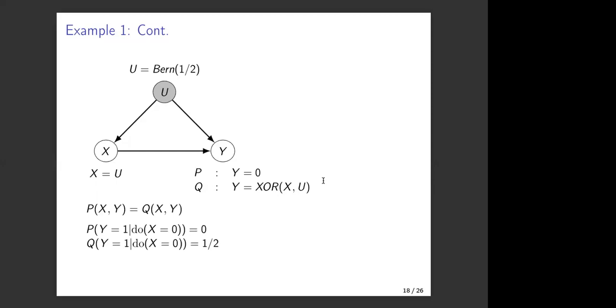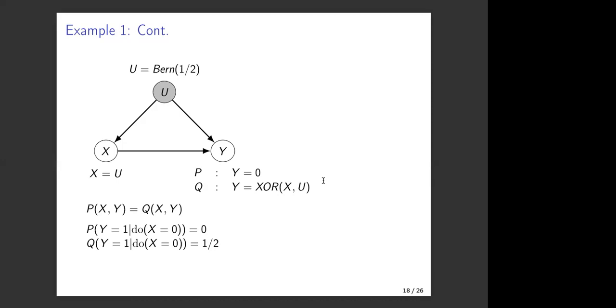All the variables take binary values, so U is 0 with probability half, 1 with probability half. X just copies U, and for P, we make Y to be 0. For Q, we'll make Y to be the XOR of X and U.